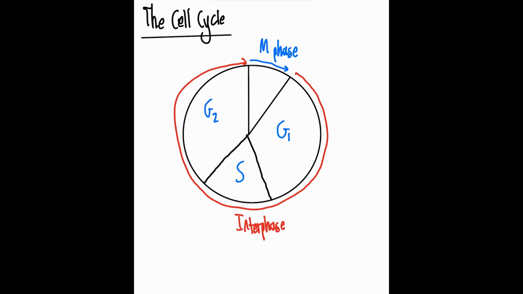So don't let the letters scare you. They actually carry some logical meaning. G1 stands for growth. And since there's a 1, it stands for growth 1. That logically means that G2 stands for growth 2. S, however, which is the second phase, stands for synthesis.